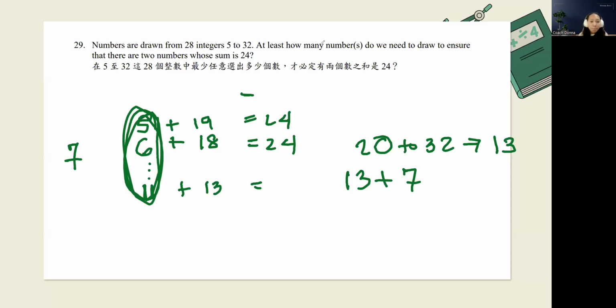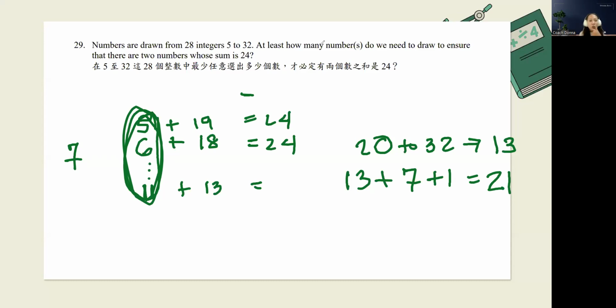And you'll have to add 1 to that. 13 plus 7 is 20, plus 1, that's 21.